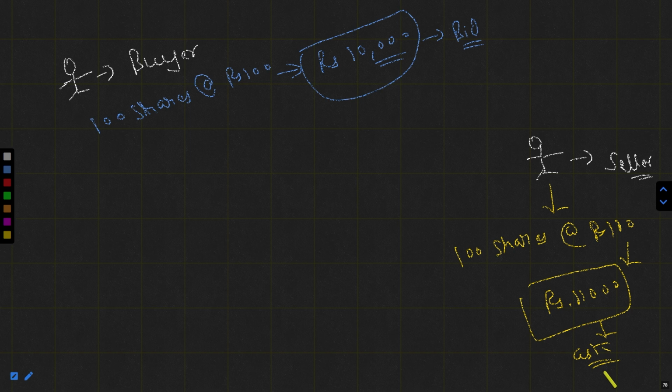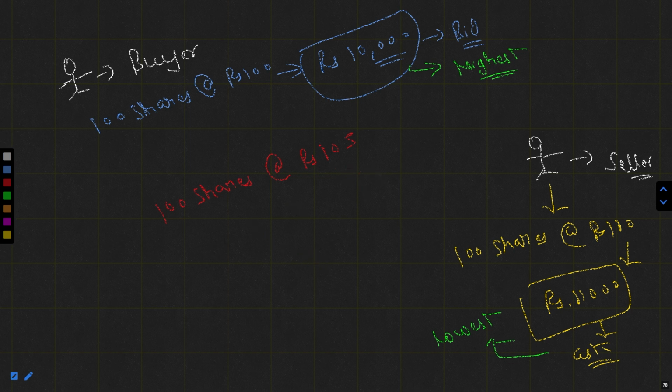Okay, so suppose this is the highest bid and this is the lowest ask. Due to this interaction, what happened? These 100 shares are now available at rupees 105.